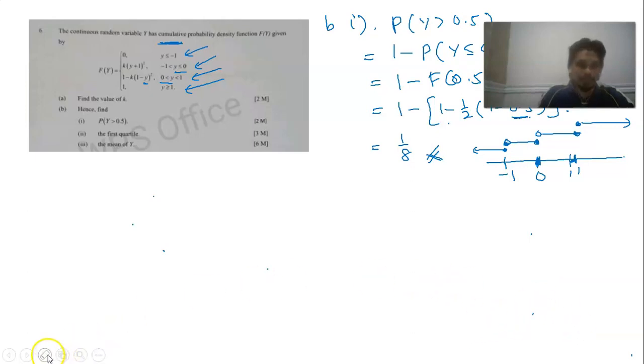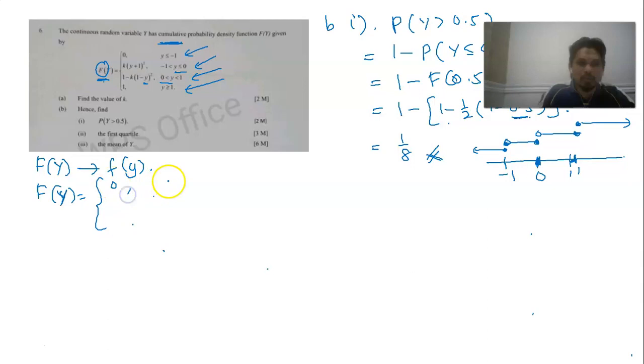Okay, the reason that I say so: this is the cumulative distribution function, capital F. We are going to transfer it into the probability density function. In this case, we are going to differentiate all these functions one by one. So F(y) equals, just now, 0 for y less than or equal to -1.